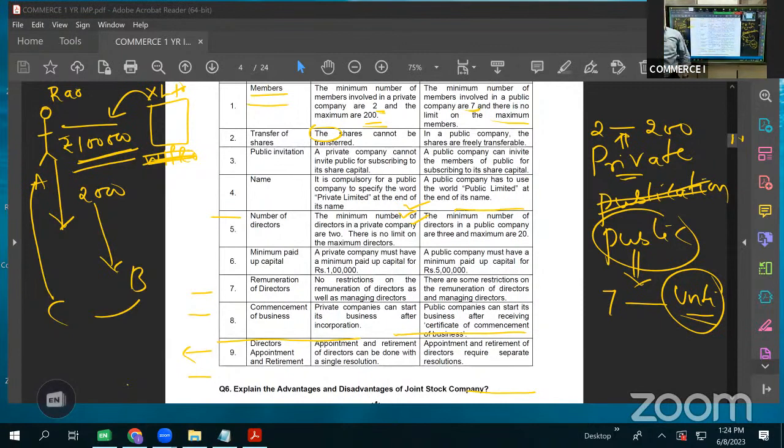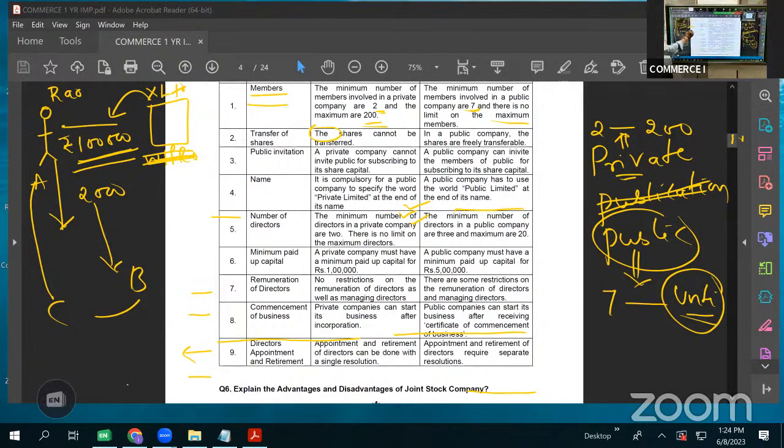A public limited company, say Reliance, Tata, Wipro, Hindustan Lever, all these are public limited companies. They can have any number of shareholders. There is no capping on the maximum size. So point number 1: private limited company, minimum 2, maximum 200. Public limited company, minimum 7, maximum no limit.